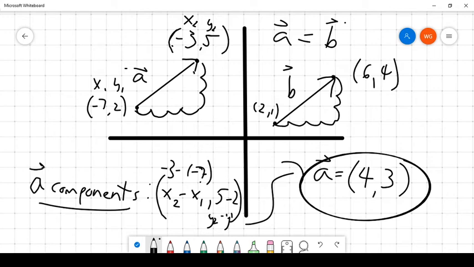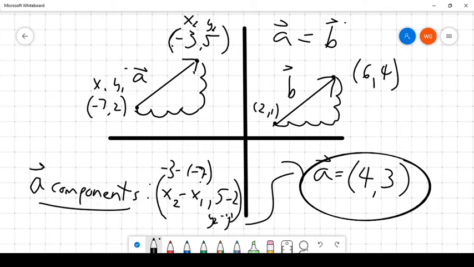And the last thing I want to discuss in this video is what we call a position vector. A position vector is a vector that starts at the origin and displaces by a certain amount. So if I wanted to draw an equivalent position vector for vector A, all I would do is just draw vector A from the origin.